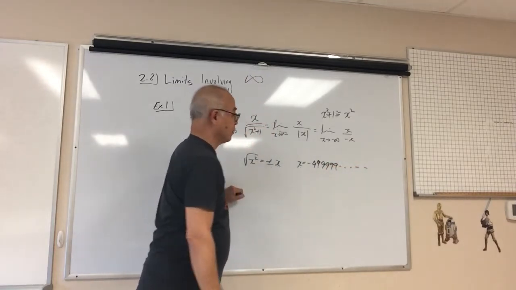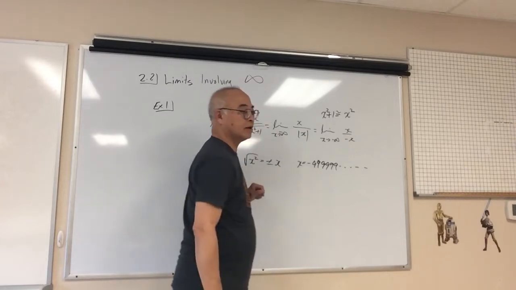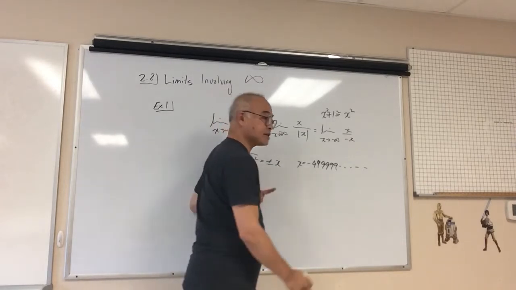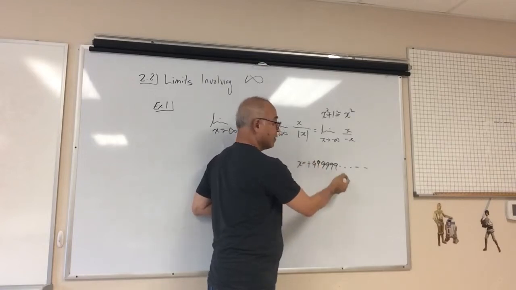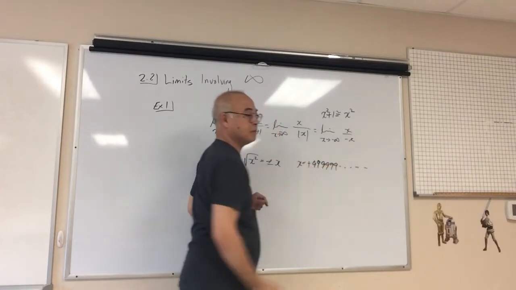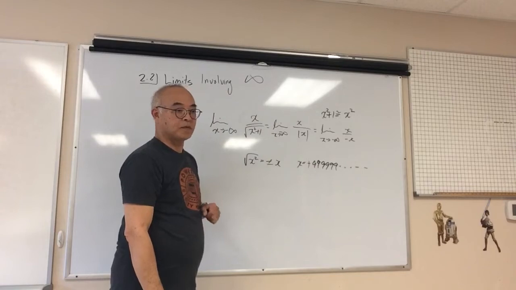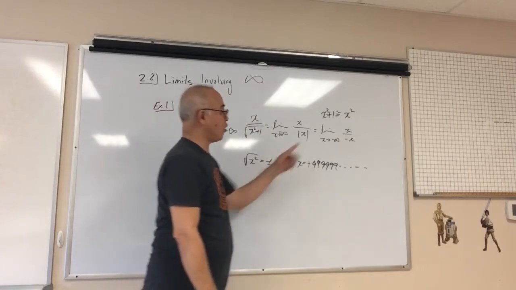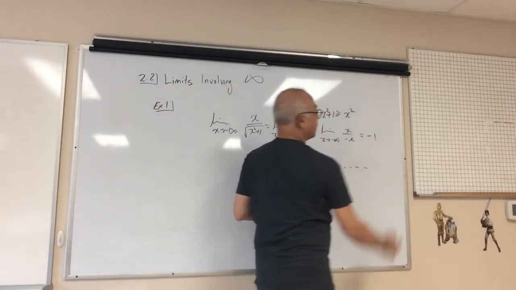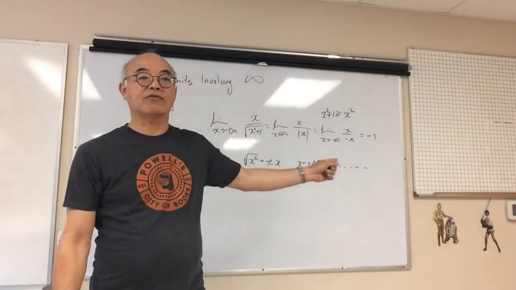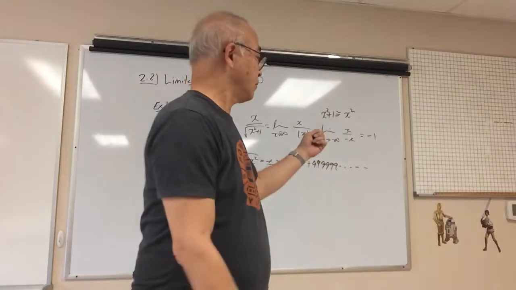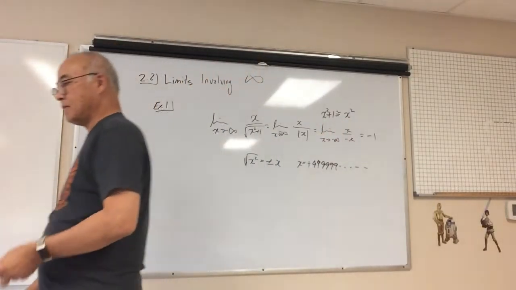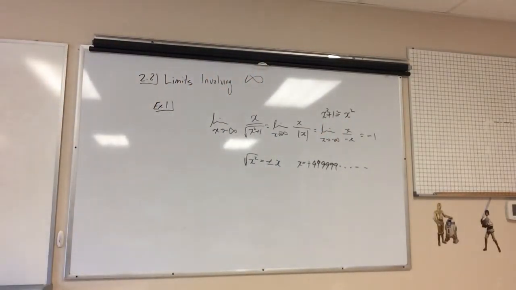The absolute value of this is 9999999 plus, so I have to put a negative here to make it that value. That's where that negative comes from. And that's what you saw on your graph when x goes to negative infinity, negative 1.